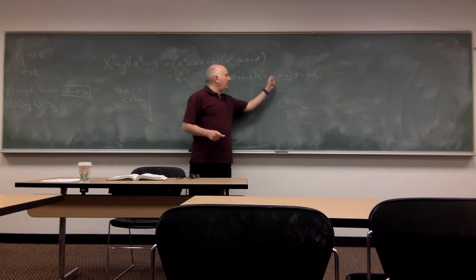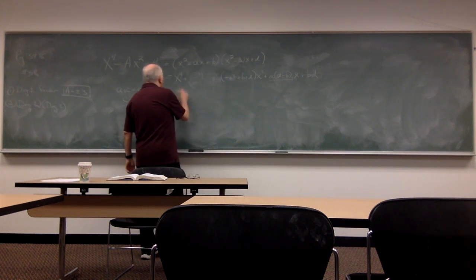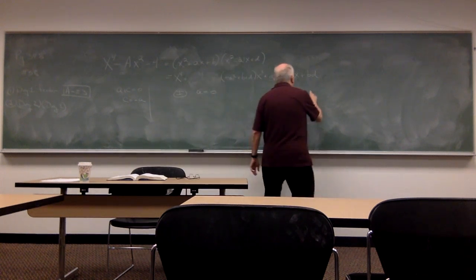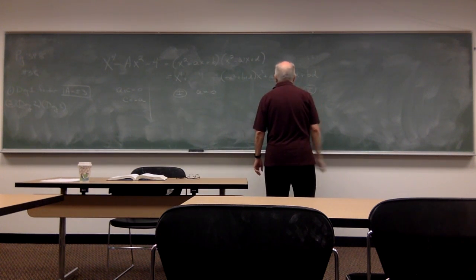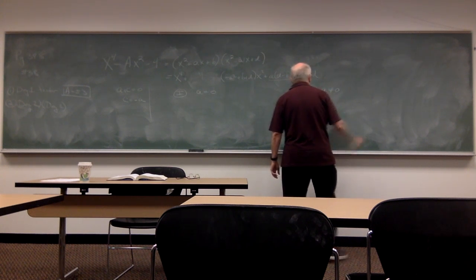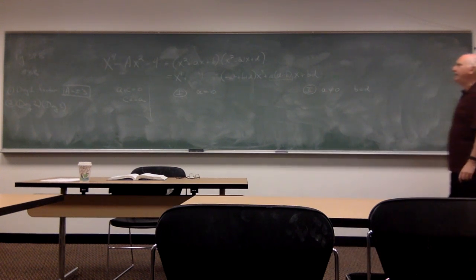If the product of these 2 integers is equal to 0, one or the other is equal to 0. So one possibility is that a is equal to 0. The second possibility is that a is not equal to 0, which forces b to be equal to d.